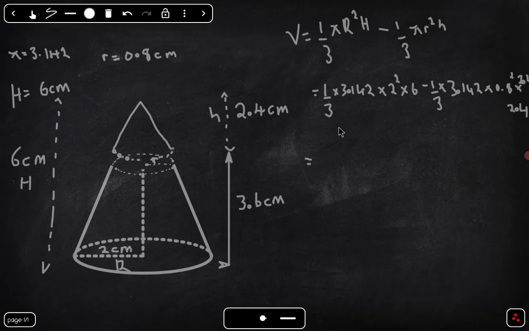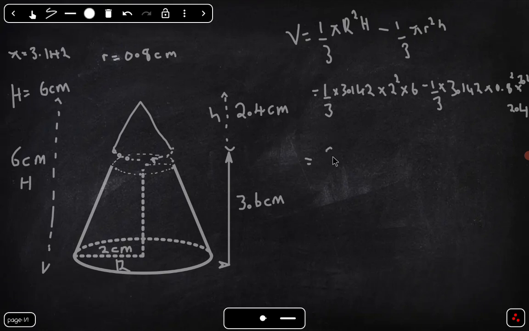This question is coming in paper 2, so you don't need to stress here. You're just going to say 1 by 3.142 by 2 squared by 6, divided by 3.